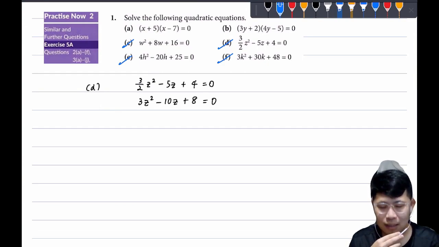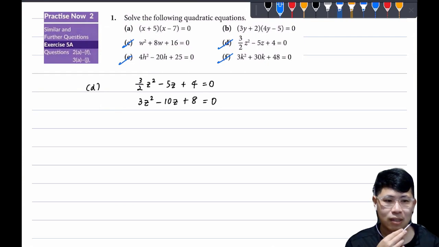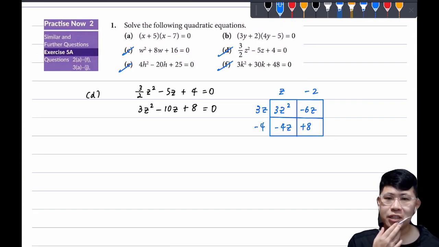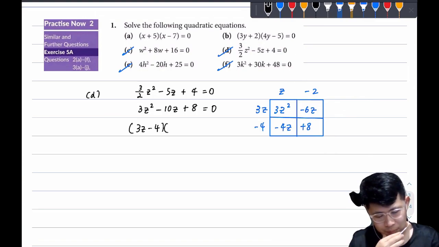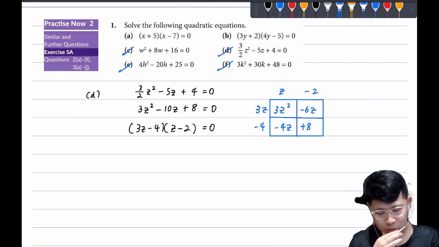So it's time to factorize using the box method. So using the box method, we can factorize like this above here. After that, we can write this as the two factors: 3z minus 4 and then z minus 2 equals to 0. So just nice, we have already factorized. This is a, this is b.